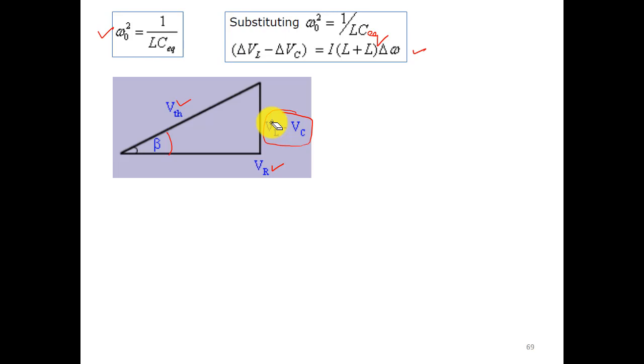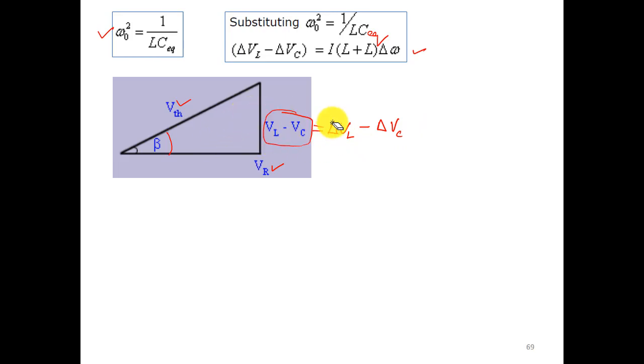If the frequency varies, then there will be a voltage difference. Because of that frequency deviation, this voltage drop happens, VL minus VC. This is nothing but equal to delta VL minus delta VC, right? So now we can substitute here.